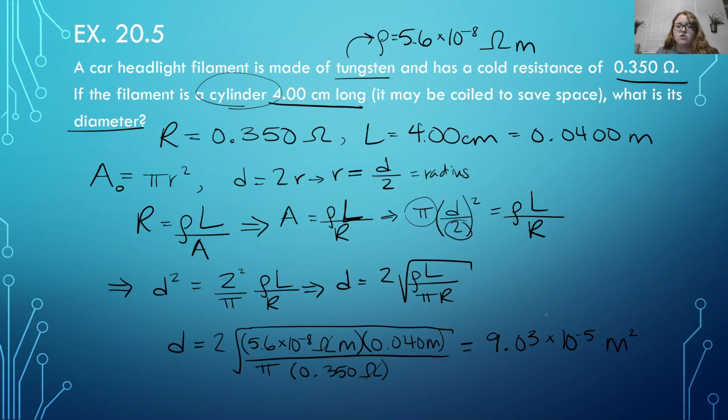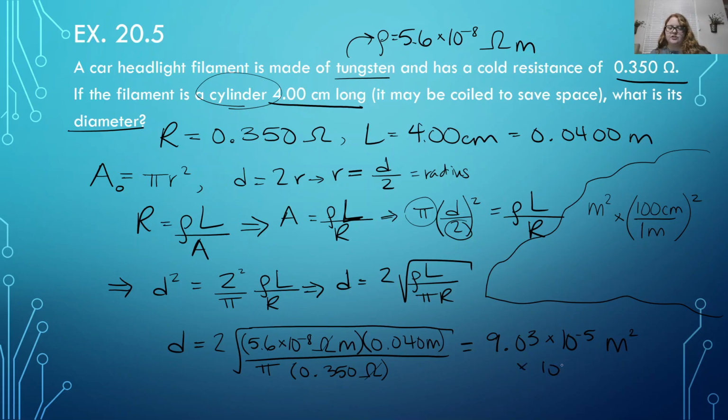Okay, we can also change this into centimeters. That might look a little better. So to change this into centimeters, we multiply our value by 100 centimeters per 1 meter, and then square that.